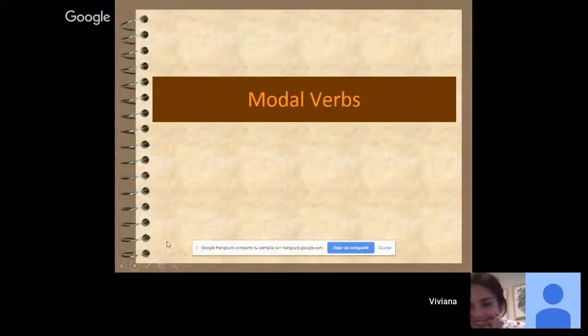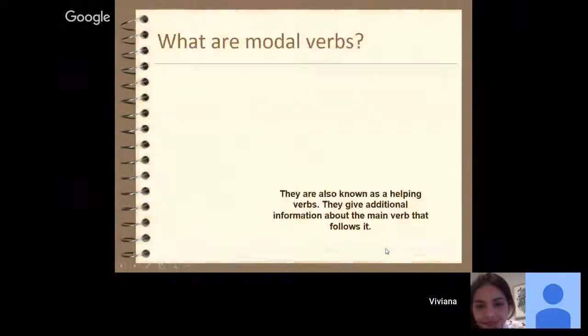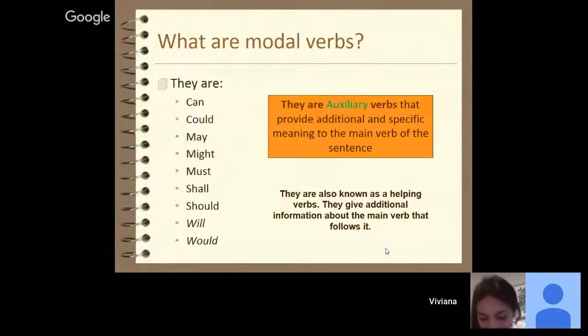We have the modal verbs. What are modal verbs? Modal verbs are auxiliary verbs that provide additional and specific meaning to the main verb of the sentence.